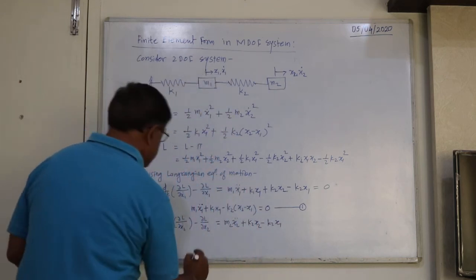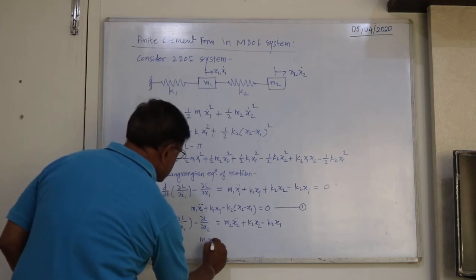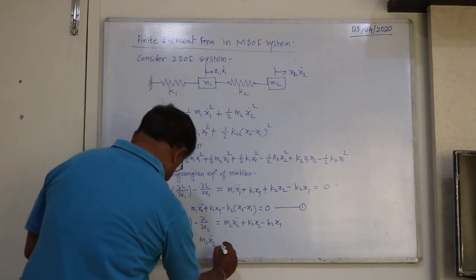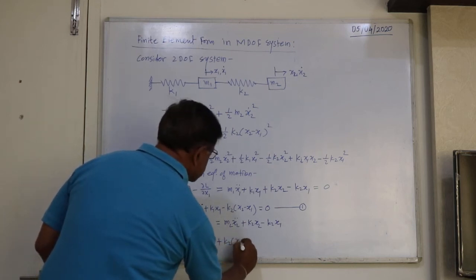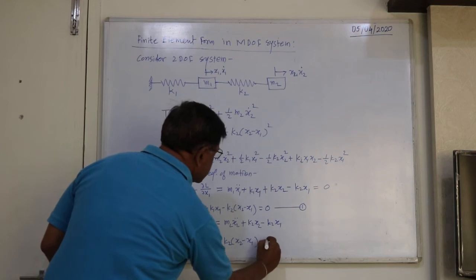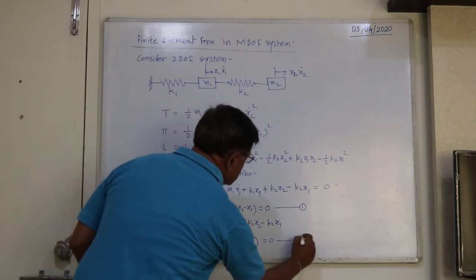By rearranging we get m2 x2 double dot plus k2 times (x2 minus x1) equal to 0, equation 2.